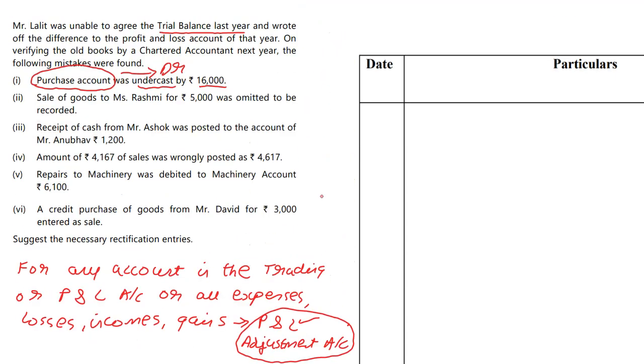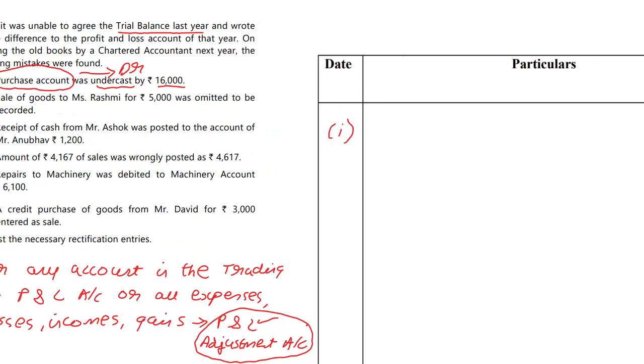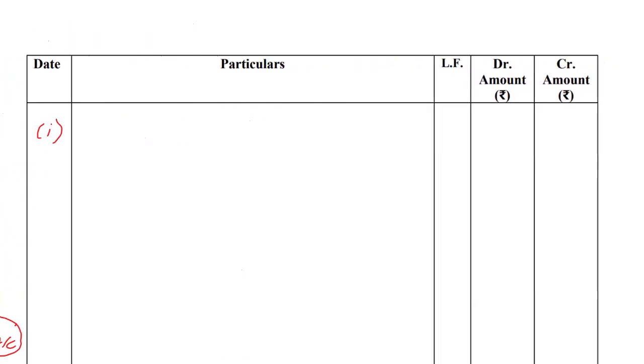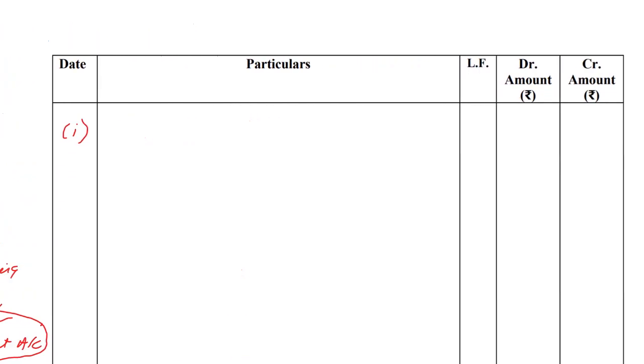All right, so I'm going back up. I cannot debit the purchase account because the accounts for the year are already closed. In the place of date, we can stick to serial numbers. We don't even know which financial year this is. All right, but I can now go here and say, P&L adjustment account.